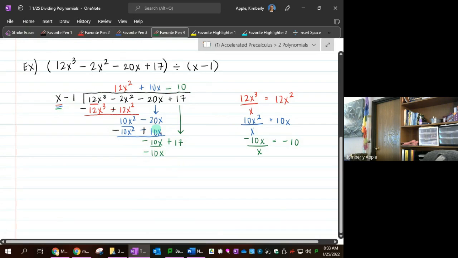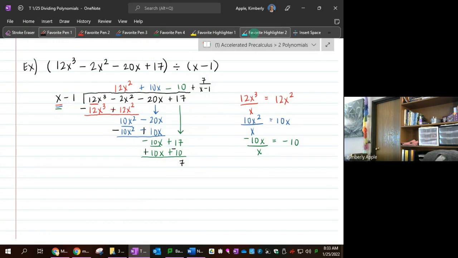Negative 10 times negative 1 is positive 10. And remember, this is subtraction, so both of these have got to change. This drops out. I'm left with, what is this? Positive 7. There's nothing else to bring down, so I know this is my remainder. When I have a remainder, I add it as a fraction: 7 divided by what I'm dividing by, what they originally said. And there it is.